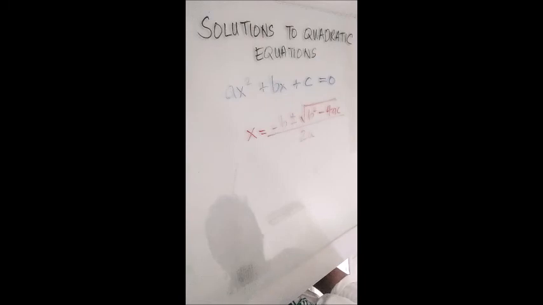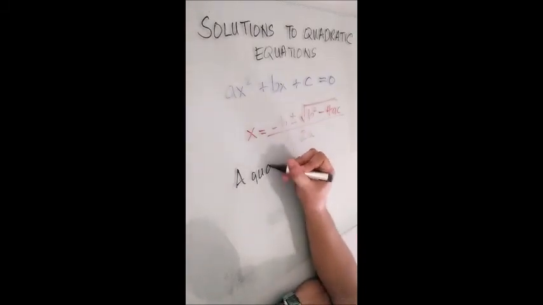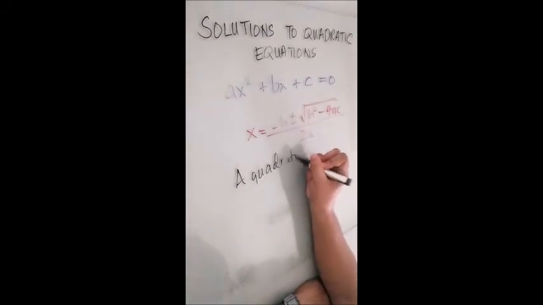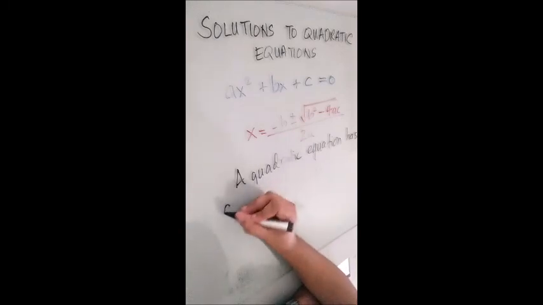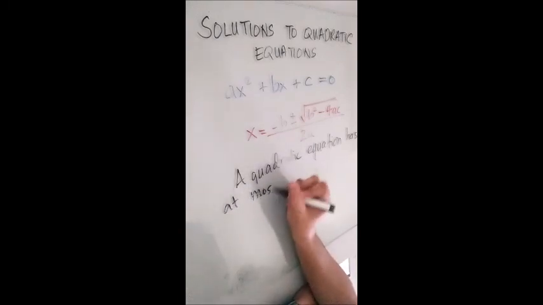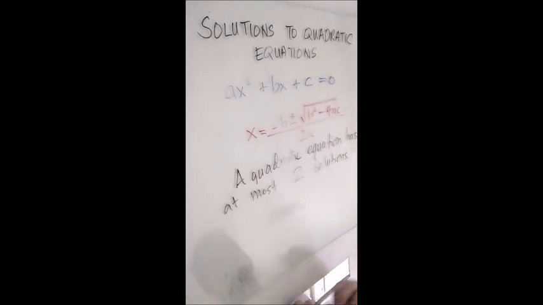Okay, how will you know how many solutions a quadratic equation has? We know that a quadratic equation has at most two solutions. So what does it mean?